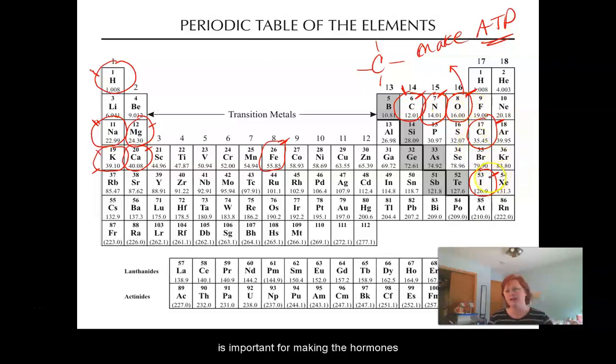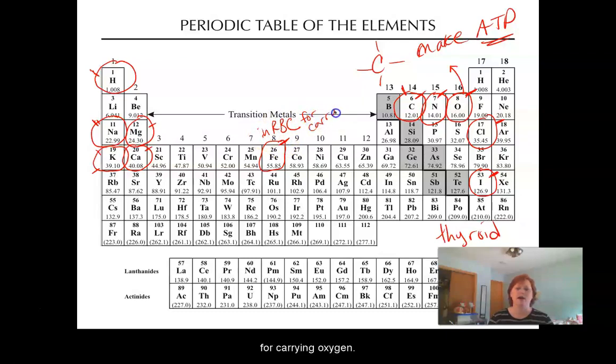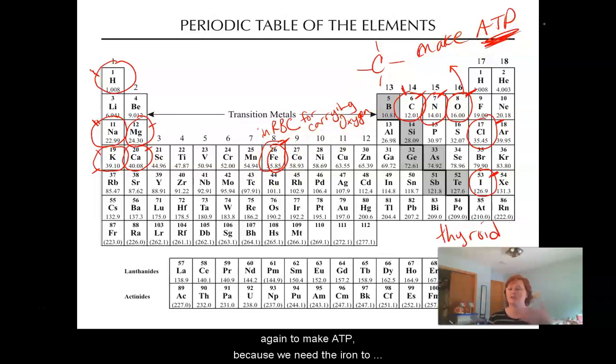Iodine is important for making the hormones that are produced by your thyroid that regulate your metabolism. Iron is found in red blood cells and is necessary for carrying oxygen. So in other words, we need iron, again, to make ATP, because we need the iron to carry the oxygen so that we can make that ATP.